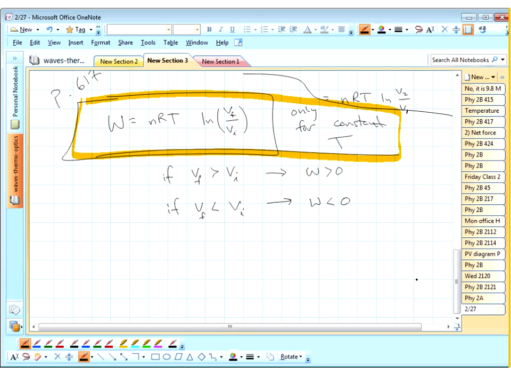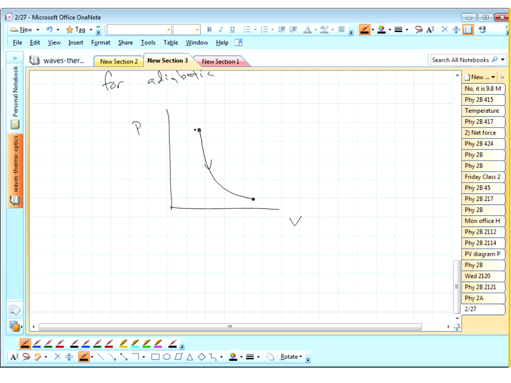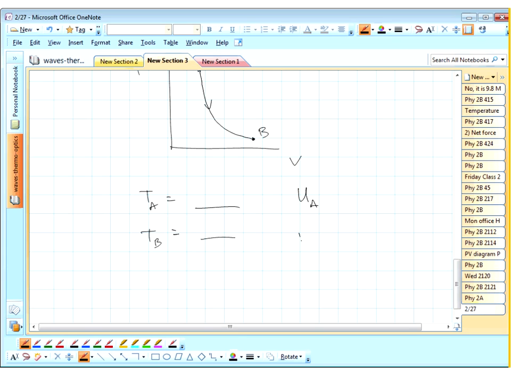For an adiabatic process, what you usually do to find the work done, so here's your PV diagram, adiabatic looks something maybe like that, is you find the temperature at A, you find the temperature at B, and once you know the temperatures, you can find the energies.